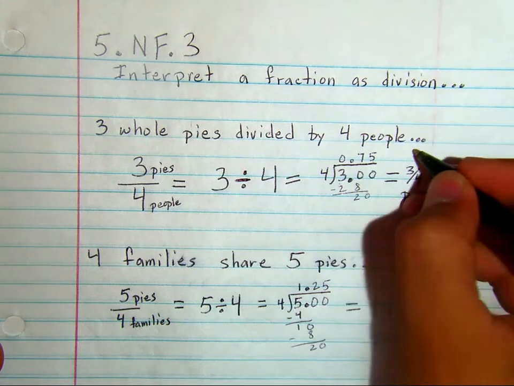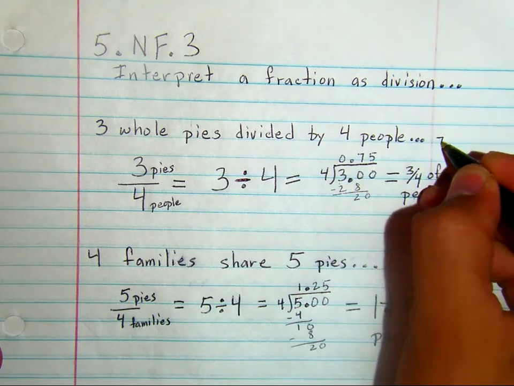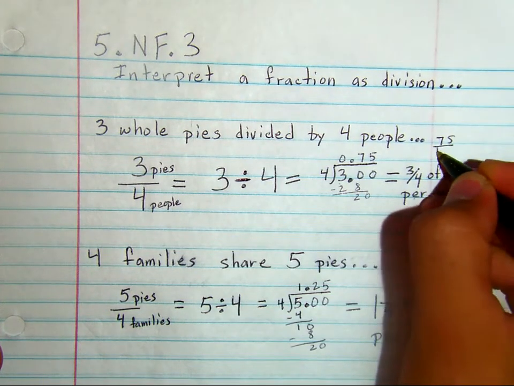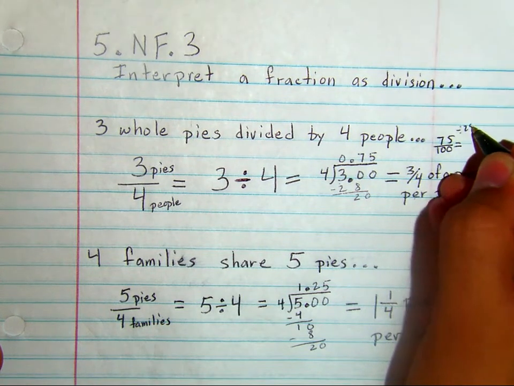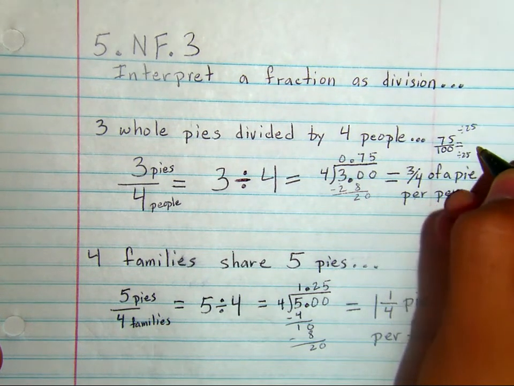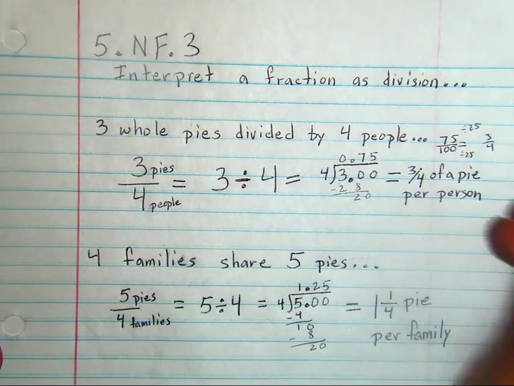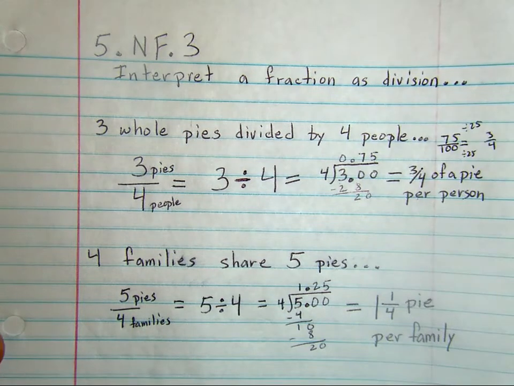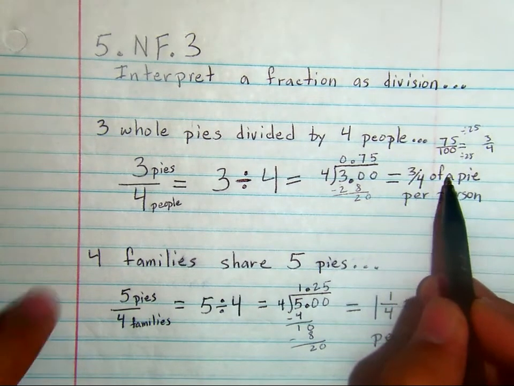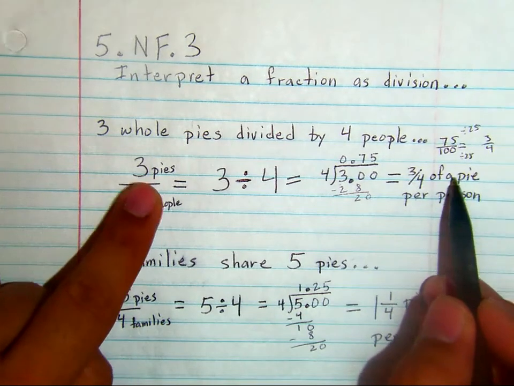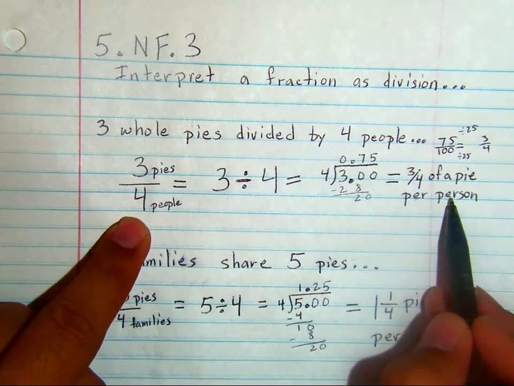But 75 hundredths can be simplified if you divide both by 25 to 3 out of 4. See? So that tells me that 3/4 of a pie is going to go to one person.